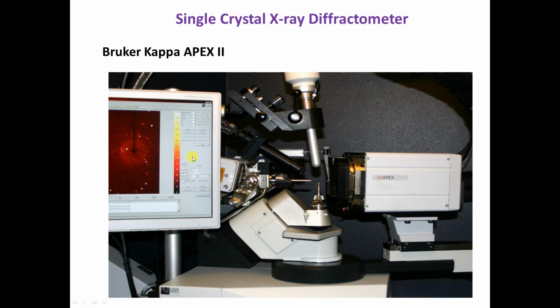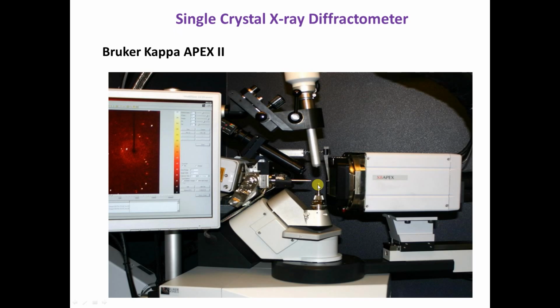This is the X-ray generation tube, here you have the microscope, this is the cryostat, here we have the detector, and this is the goniometer base. Exactly at the center is the goniometer head, also called the sample holder, where exactly the sample is placed.